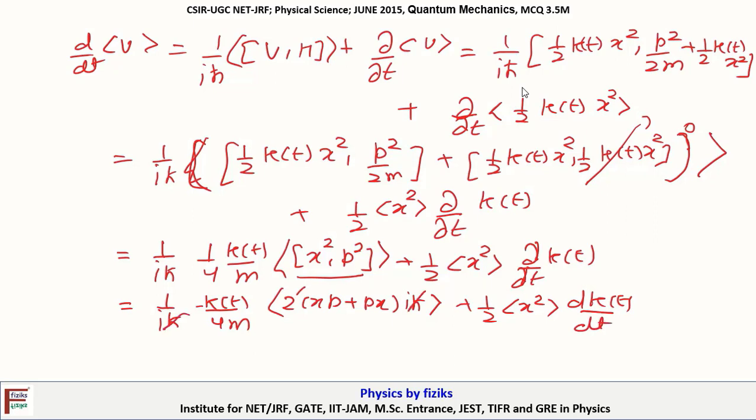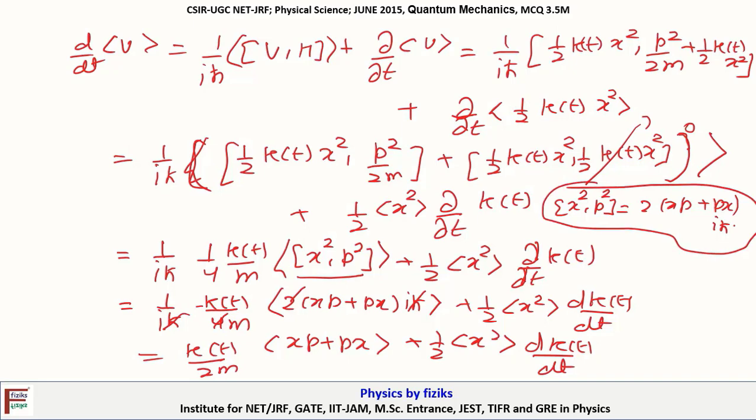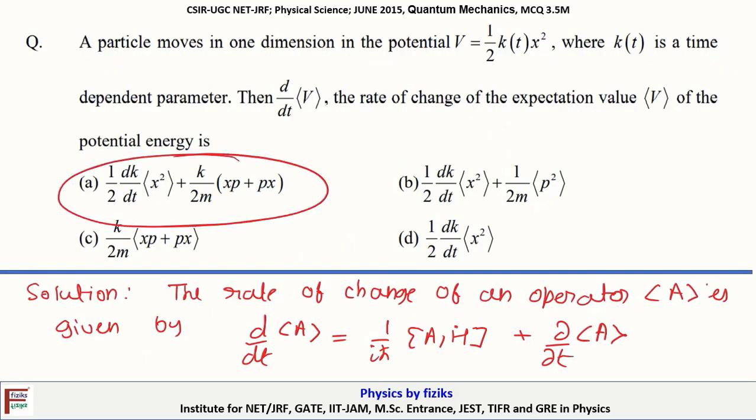So i h cross cancels, and our answer will be k(t) by 2m expectation of xp plus px plus half x square del k(t) by dt. Now the commutator of x square with p square, I have written it, so I am writing it directly here: twice xp plus px into i h cross. So thus our option A is correct.